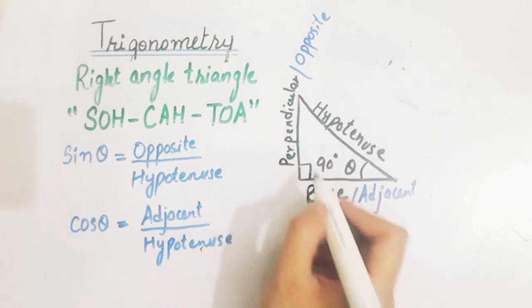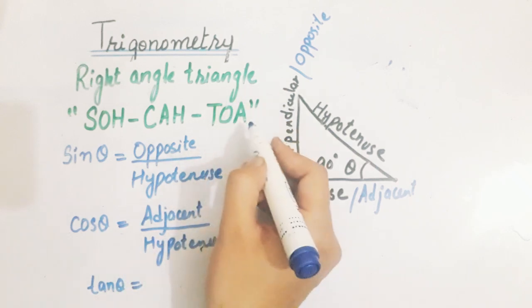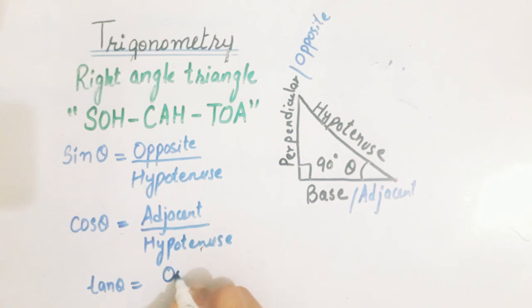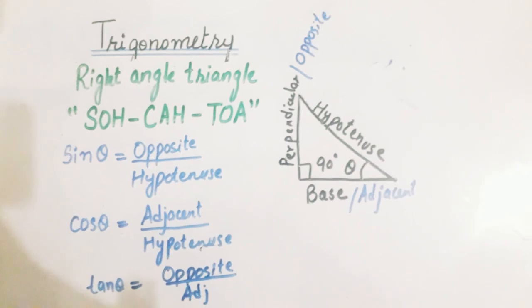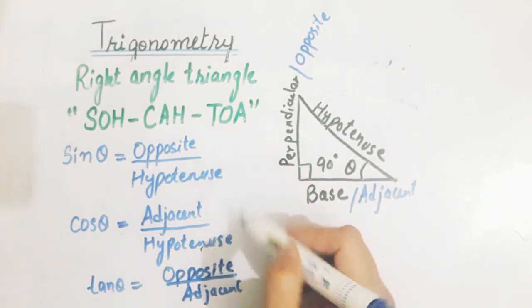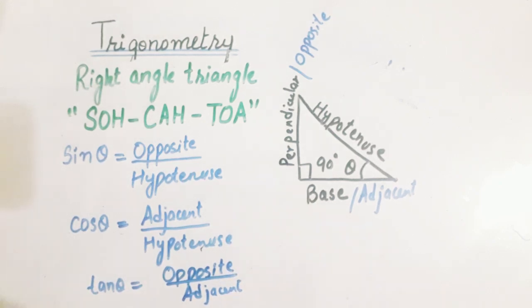And the third one is tangent, that is called tan theta, and tan theta equals O by A, means opposite by adjacent. So these are the first three trigonometric ratios you have to remember, because these are used in the further studies.